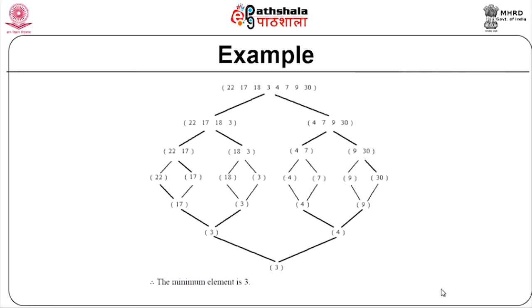I cannot decompose this further, therefore I am starting the merging process. I am comparing the minimum across the groups. Now you can see very well 3 is going to be the minimum of this entire array.